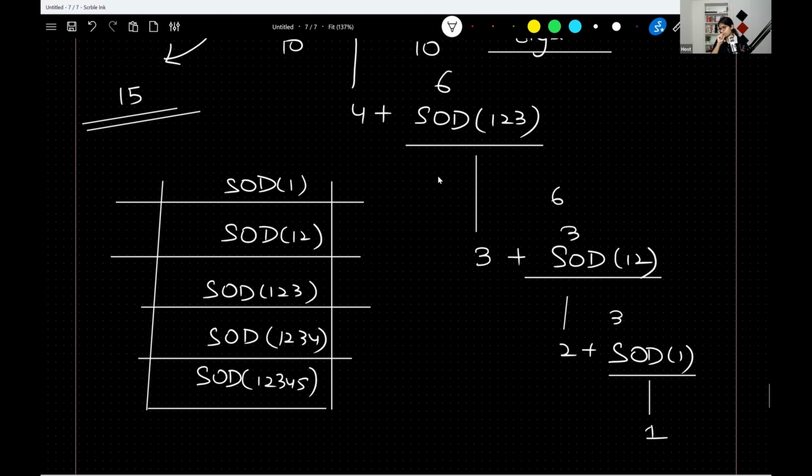Yes, this is the correct code. Let me copy this down and paste it.